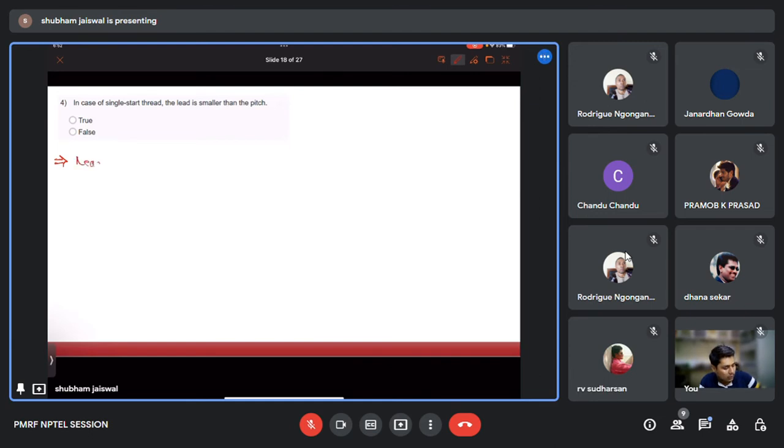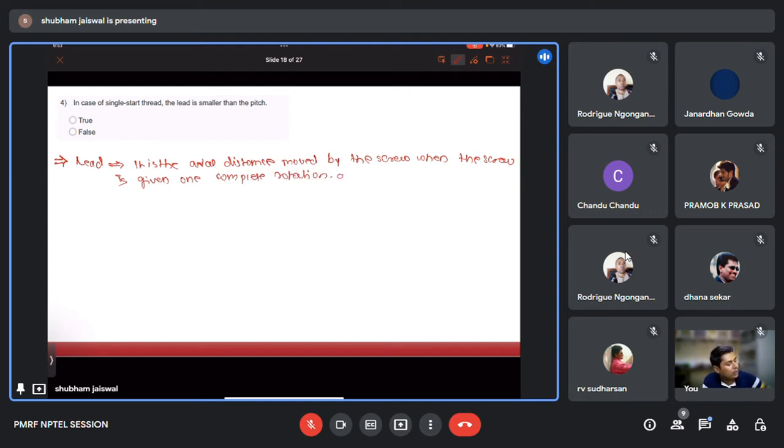So lead is nothing but it is the axial distance moved by the screw when the screw is given one complete rotation about its axis, okay.